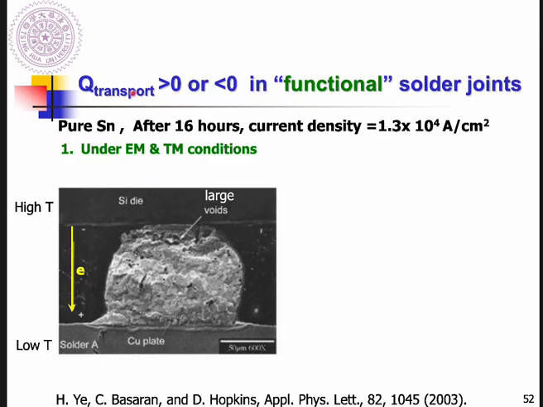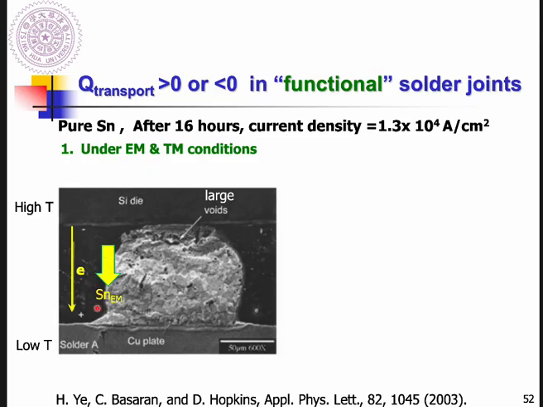So you can imagine that if the heat of transport for the tin is positive, then, sorry, probably I can, because the animation is like this. For the picture, the electron migration direction is downward, and you visualize the large void, right? Which means that probably EM happens.